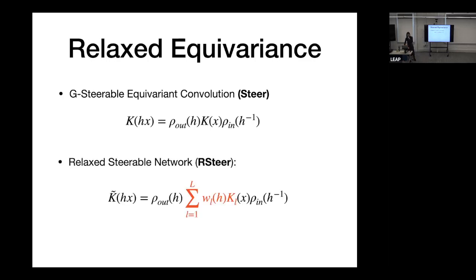So we can similarly relax this equivariant convolution using the same idea. Instead of one kernel K of x, we can have a linear combination of kernels K_l with coefficients W_l that depend on the input data. This capital L, the number of kernel bases we use in equivariant convolution, allows us to change the amount of symmetry breaking in the architecture.